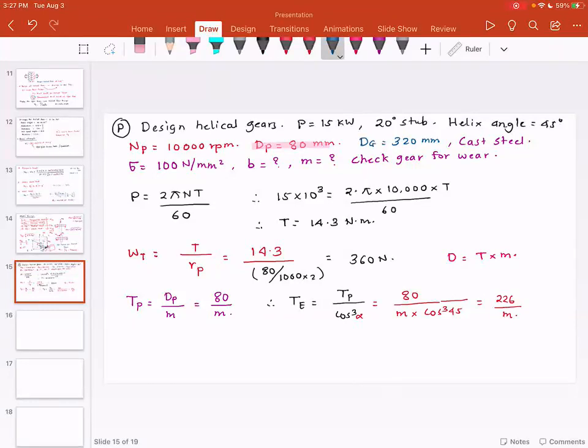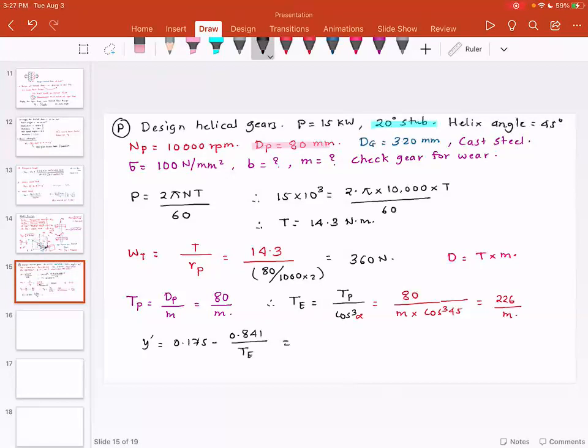I need to find the Lewis form factor equation for 20-degree stub. Once I do that, the Lewis form factor equation is 0.175 minus 0.841 divided by TE.